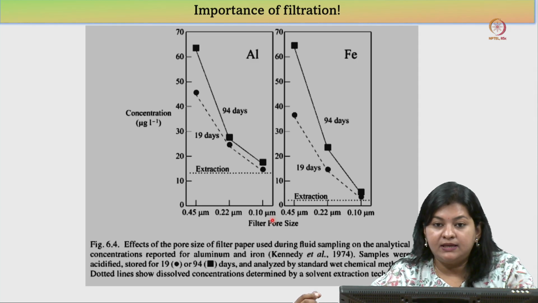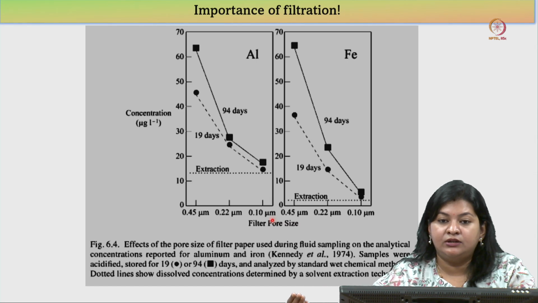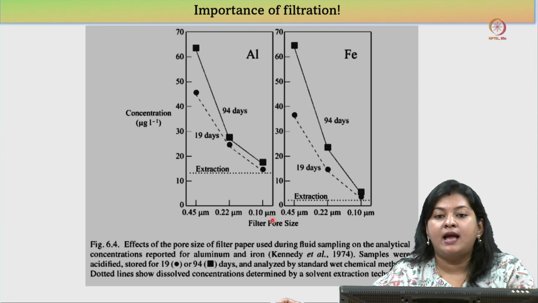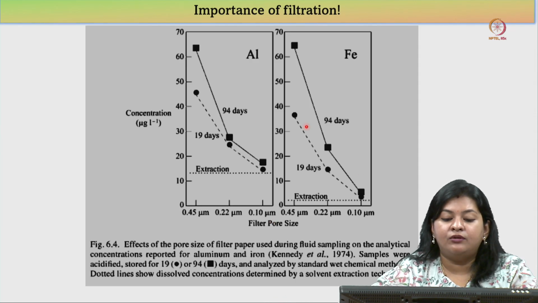That means the finer particles get stuck in the filter paper and no longer interact and change the dissolved concentration. Therefore, the 0.22 sample and the sample which has passed through the 0.10 micrometer filter paper both showed similar values.